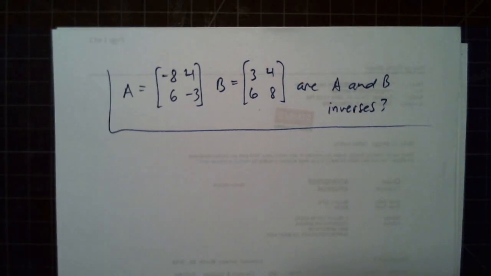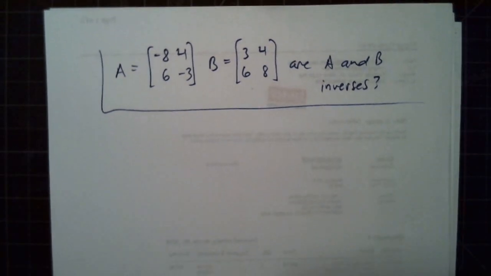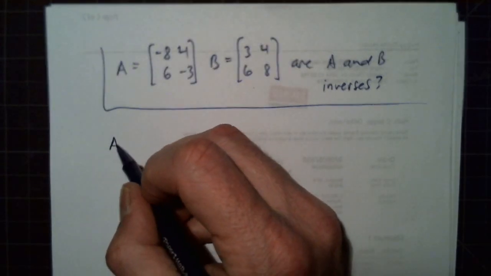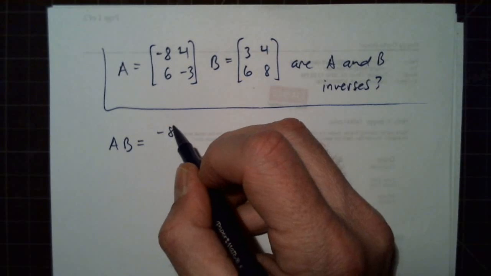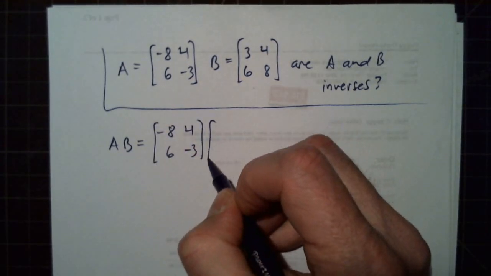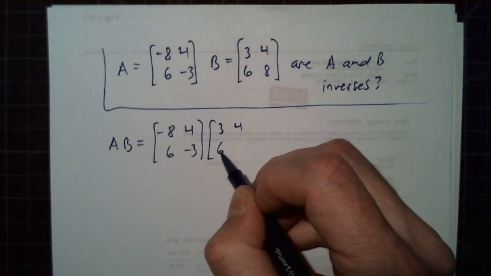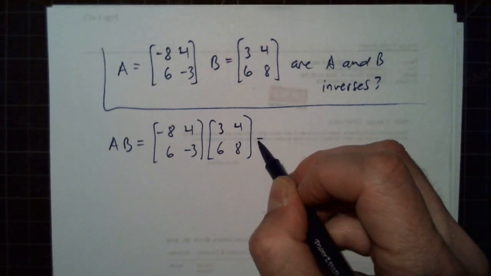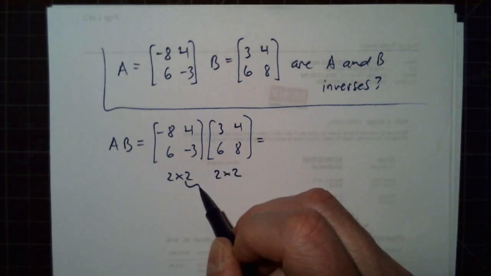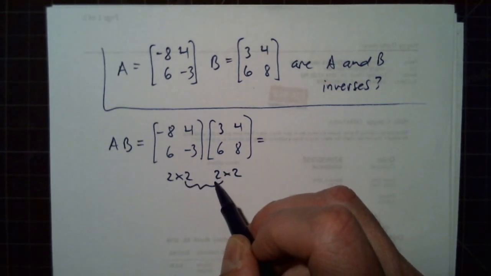Okay, you try that one. Multiply to see if you get the identity matrix. Pause the video. Since we have the same number there, we can multiply.